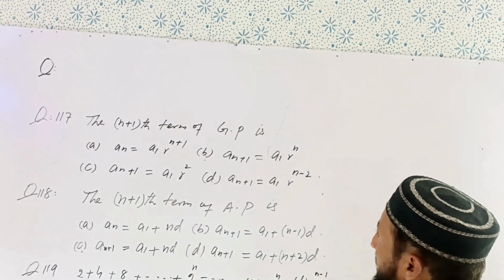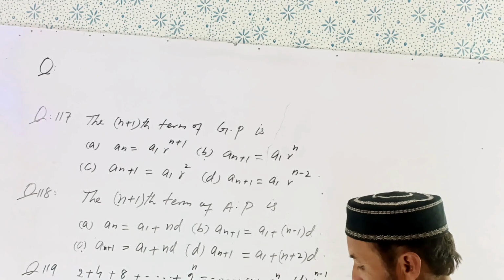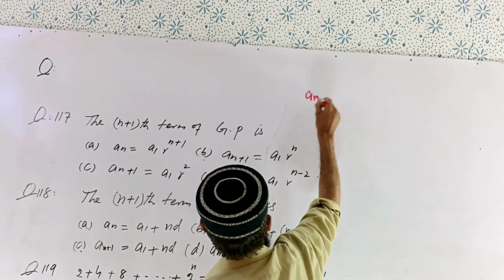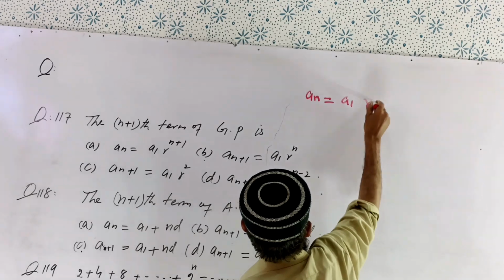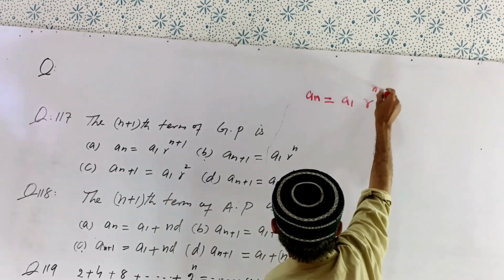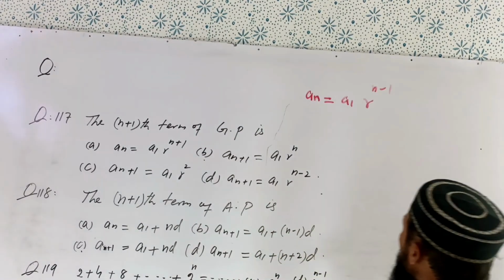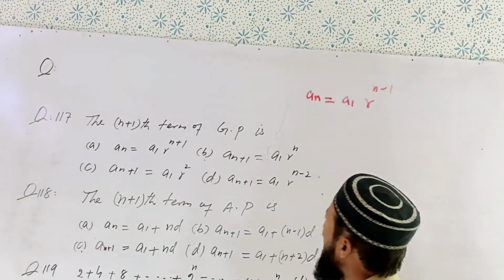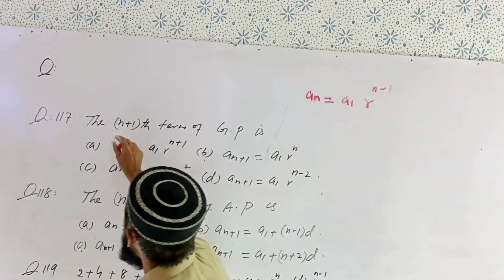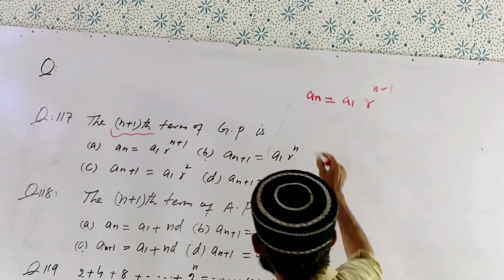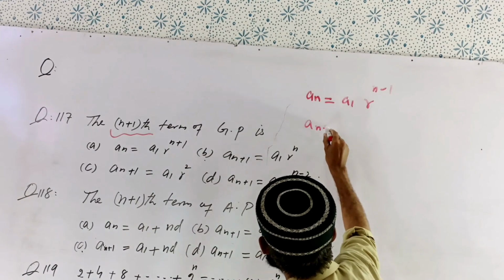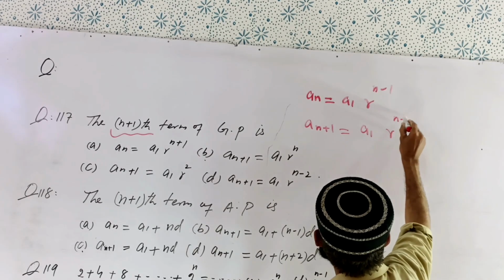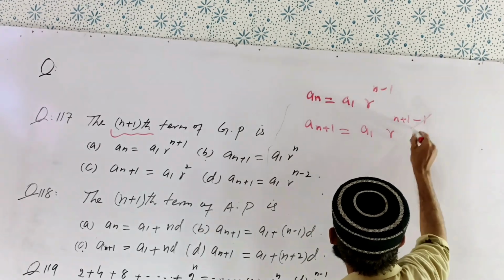The (n plus 1)th term of a geometric progression is required. So the general term we can write is a1 into r to the power n minus 1, where r is the common ratio. But here the (n plus 1)th term is required, so in place of n we put n plus 1, and n plus 1 minus 1, so both are cancelled.